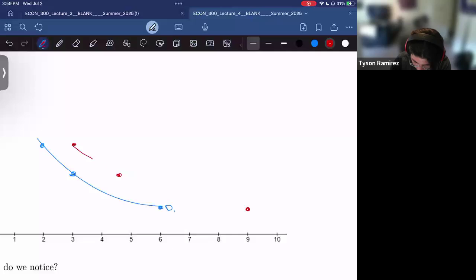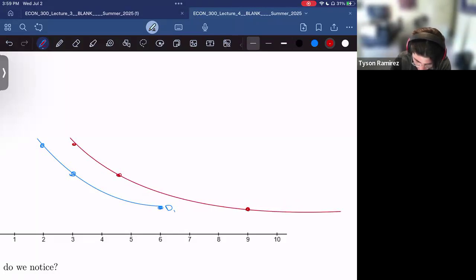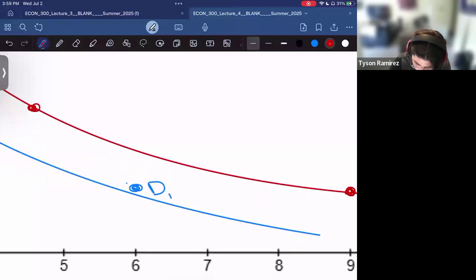If I were to draw a curve that connects these points, let's get it a little bit nicer. I can do a little better than that. How about something like that? And let's erase. Just for purposes of exposition, I want to make this clear.